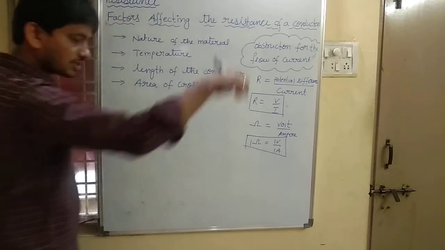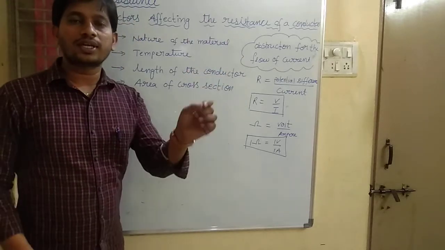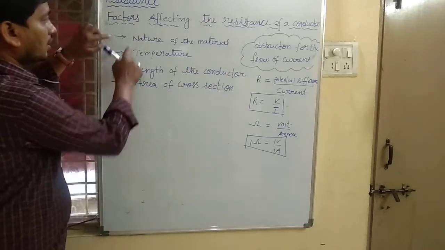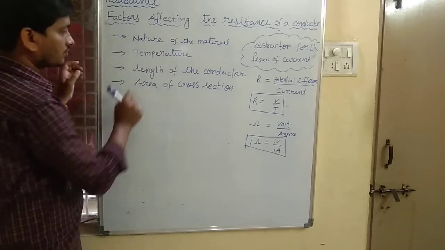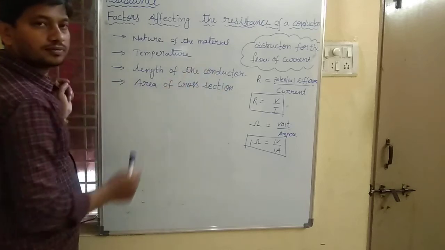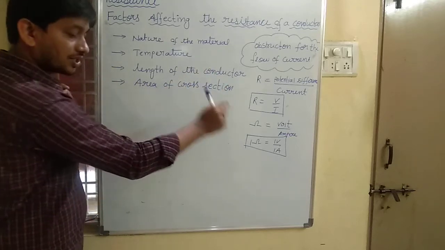Nature of the material, temperature, length of the conductor, area of cross section.